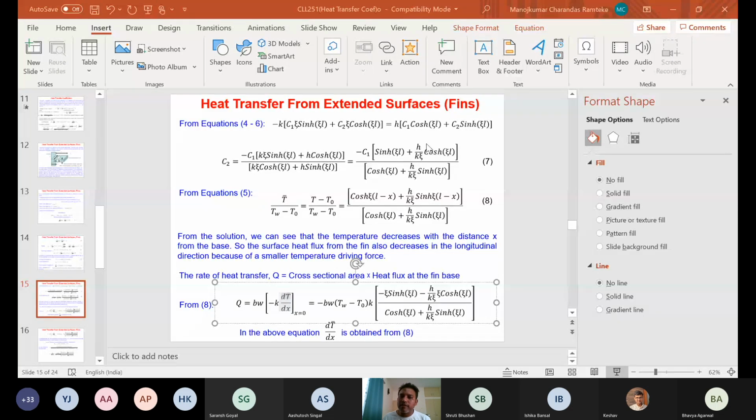This x will be 0, and then we can differentiate this equation. So what we get is minus zeta sinh zeta L minus h by k zeta into zeta cosh zeta L, divided by this term, which is anyway constant, isn't it? So this remains as it is. Is it clear?